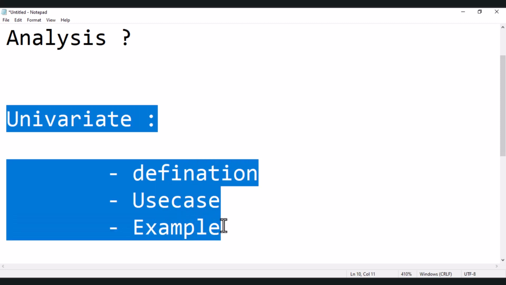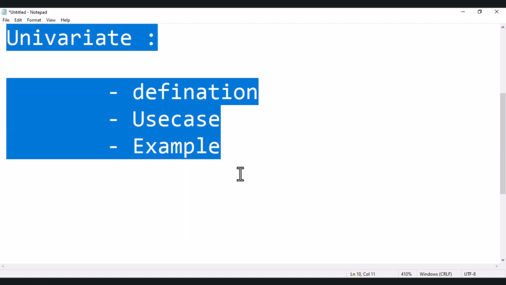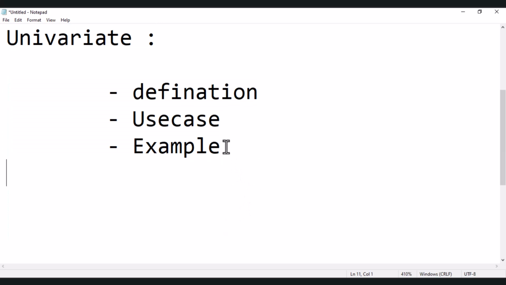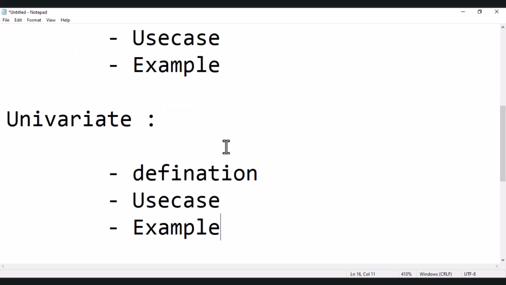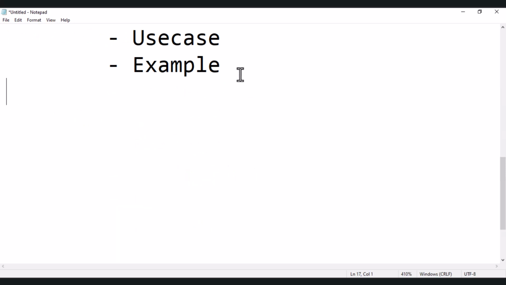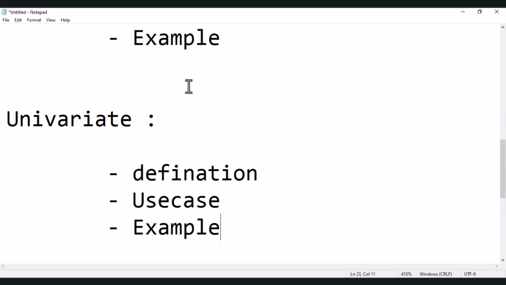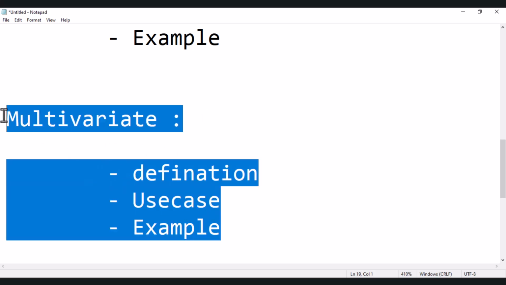I will write it here so that it is clearer: bivariate, and the third thing is multivariate.